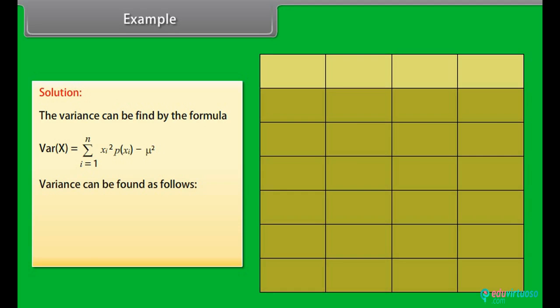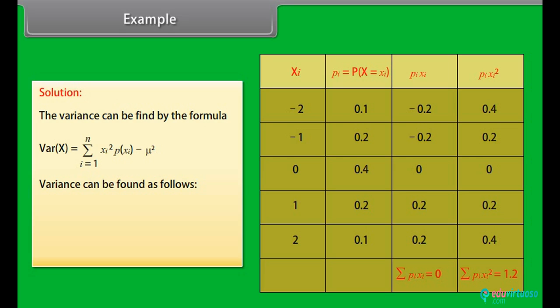Variance can be found as follows: it is equal to 1.2 minus 0, which is equal to 1.2. Standard deviation is equal to square root of 1.2, which is equal to 1.095.